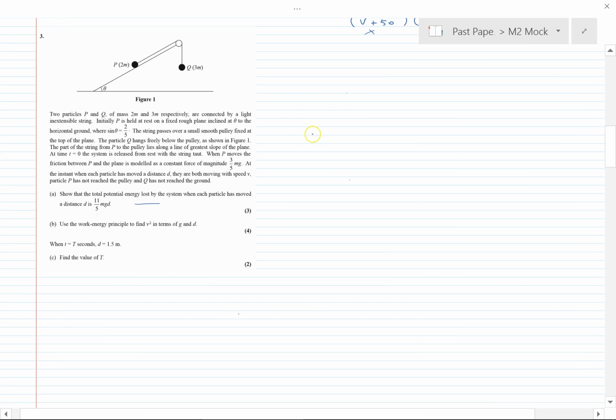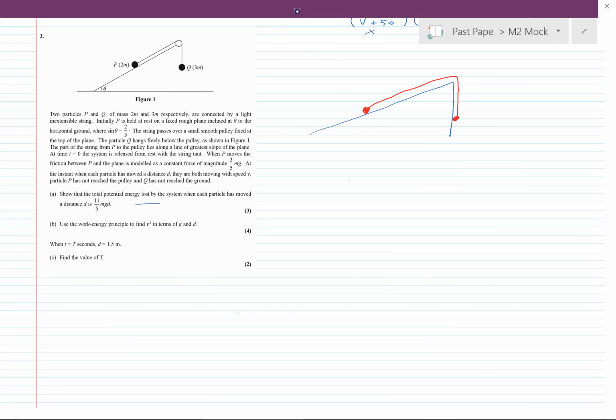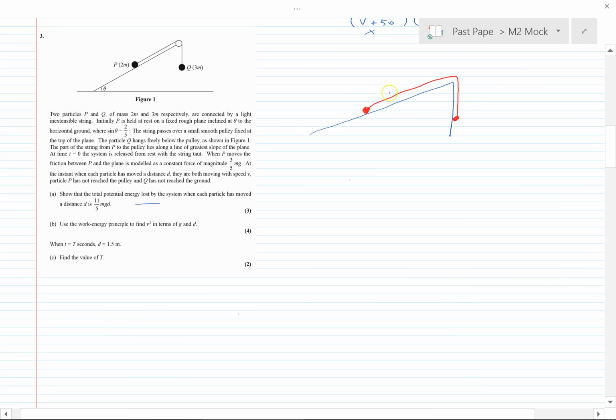Right, I'm going to draw a quick diagram here just to look at what's going on. If we see this as what's happening initially, after it's moved down a bit, maybe use a different colour.